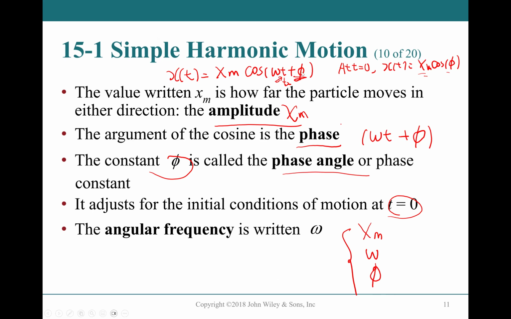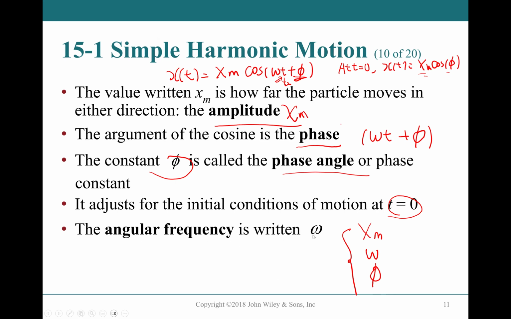And we also have this little phi here, which is what we call phase angle or phase constant. So this is actually the angle when we have t equals to 0. So if you have t equals to 0, we will have x of t equals xm cosine phi. So the phi depends on the initial position of the object. So the phase constant phi adjusts for initial conditions of the motion at t equals to 0.